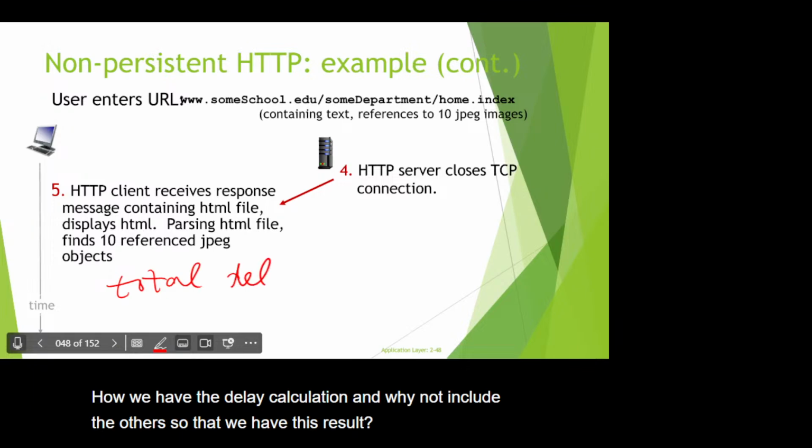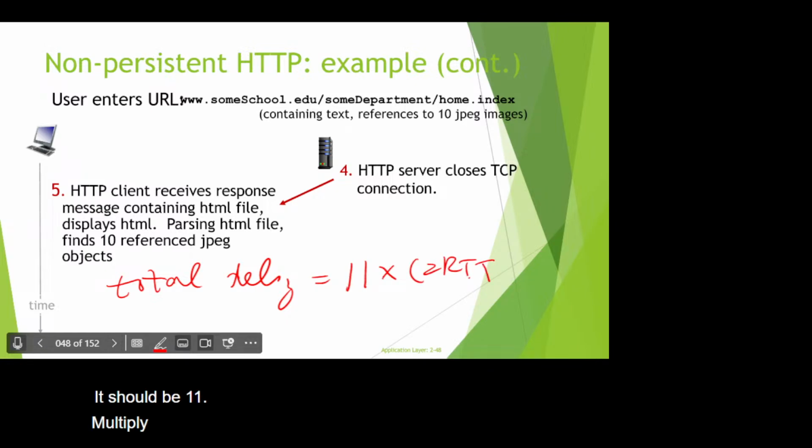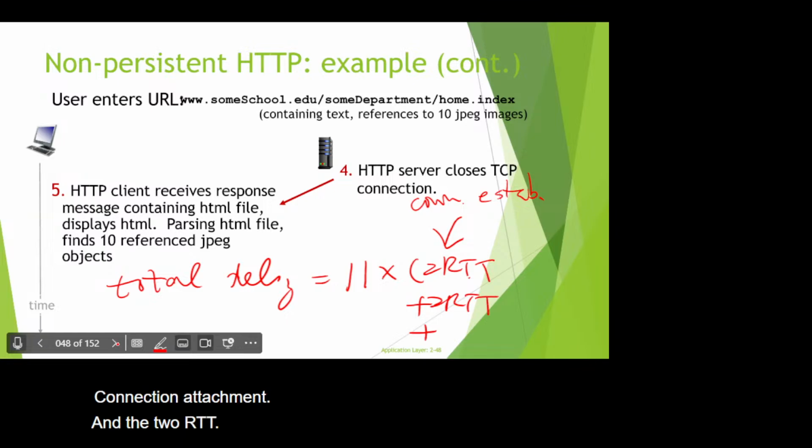The total delay should be 11 multiplied by 2 RTT, one for connection establishment and one for the request, plus the transmission delay.